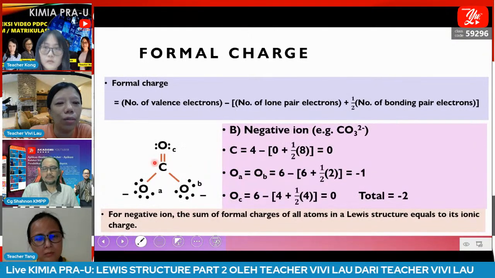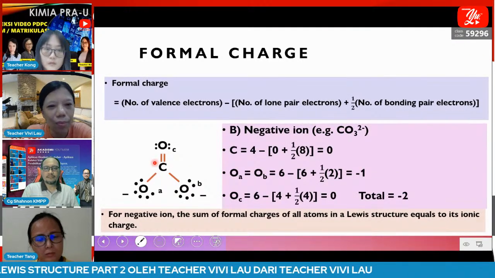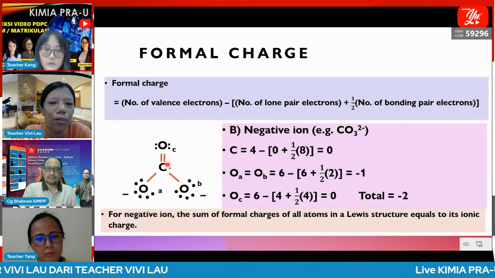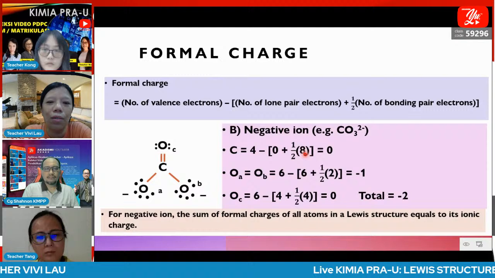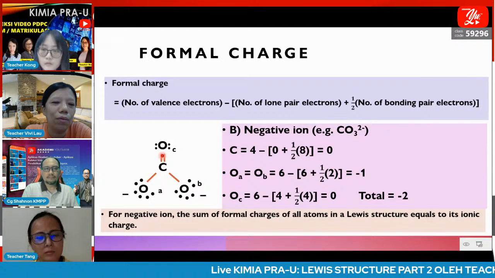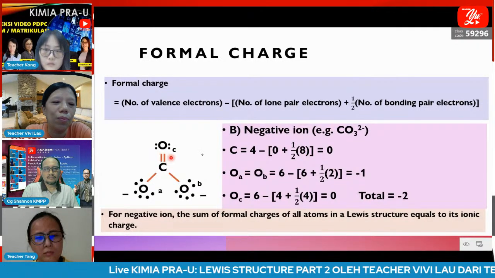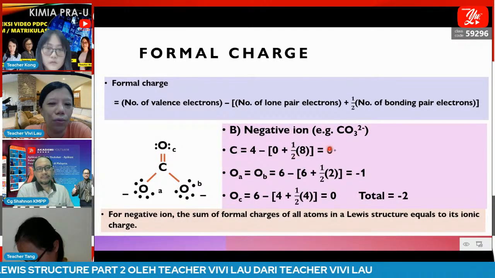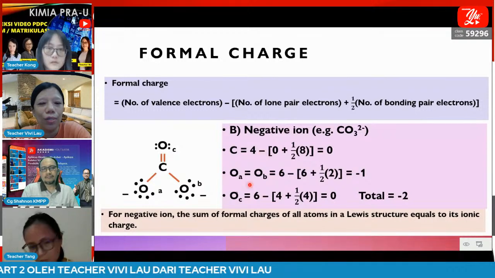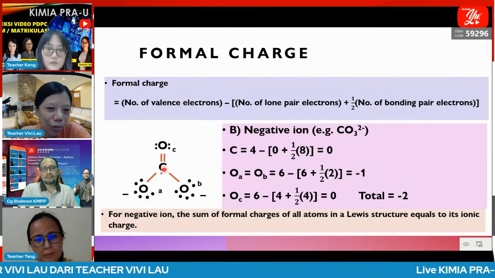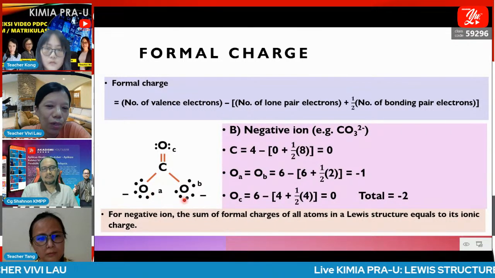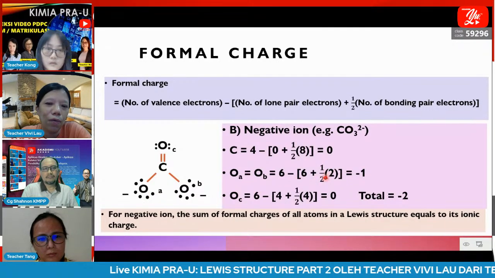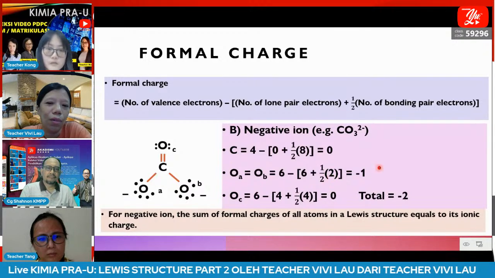Then we look at the negatively charged ion. For the carbon, 4 minus, no lone pair, so 0 plus half of the bonding pairs. There are 3 bonding pairs, but 1 is a double bond, so 8 divided by 2. So you have 4 minus 4, 0. Then oxygen, you have A, B, C. A and B calculations are the same: 6 minus 6 plus half of 2, 1 bonding pair, so negative 1.